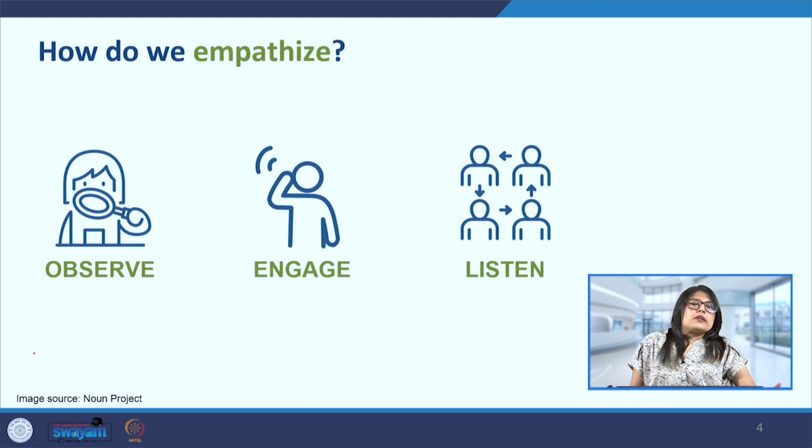Now, this could be for several reasons. One is that the user may not be able to articulate the challenges that they are facing, so they are not able to put the problem into the right frame or explain it efficiently. The other may be that they have gotten so used to facing this problem that they probably don't even look at it as a problem anymore.